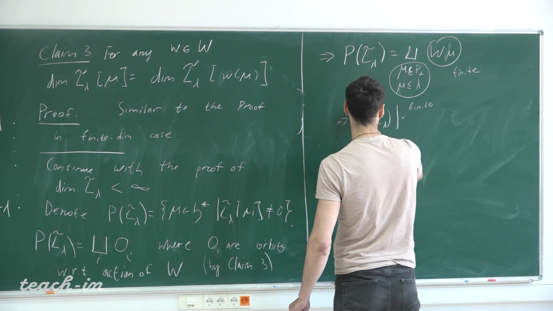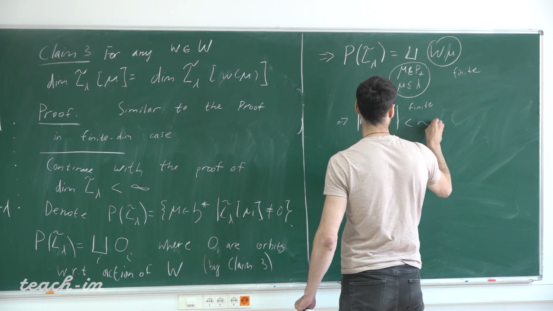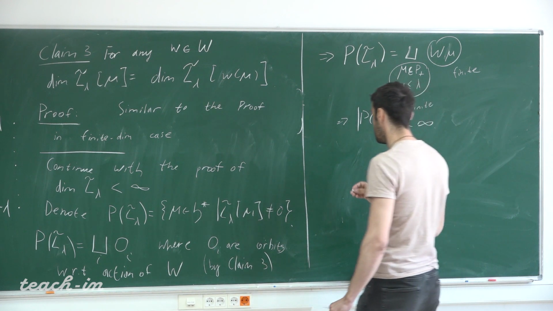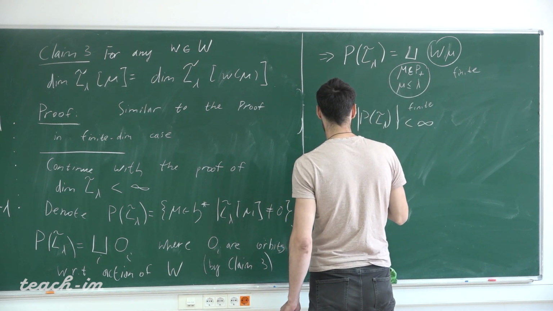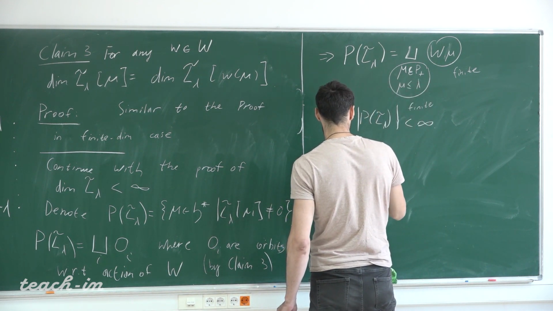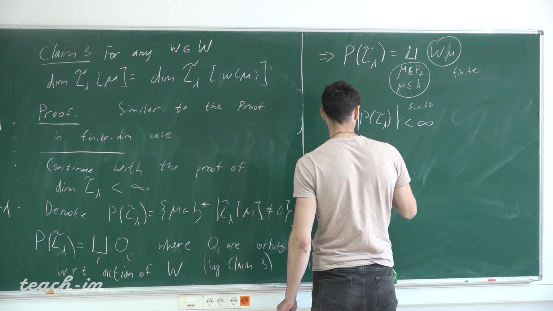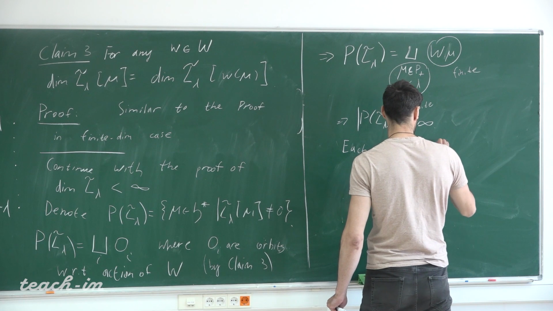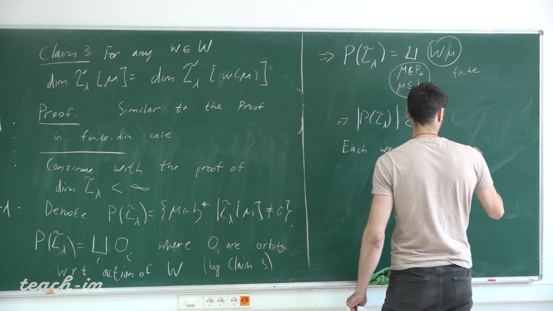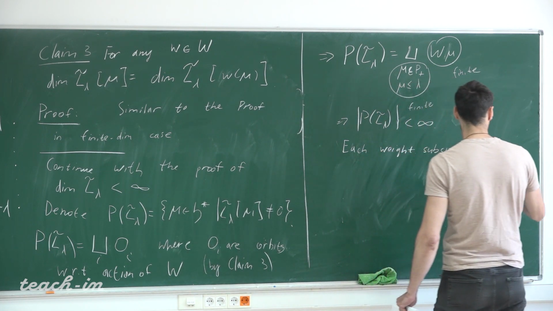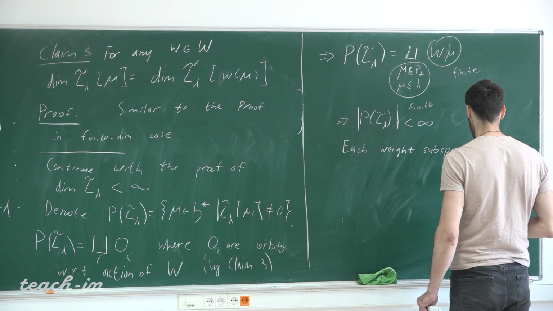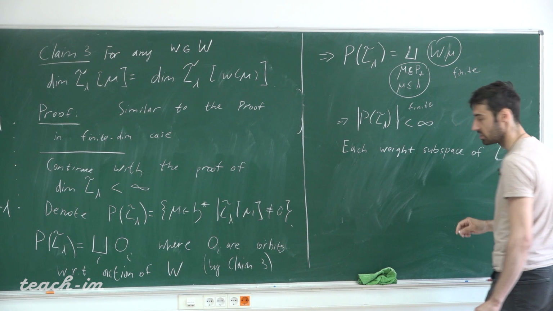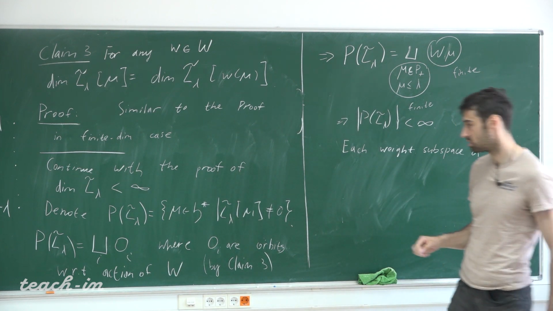So therefore, P of L lambda tilde is finite. The only thing which is left to see is that each weight subspace of L lambda tilde is finite dimensional.